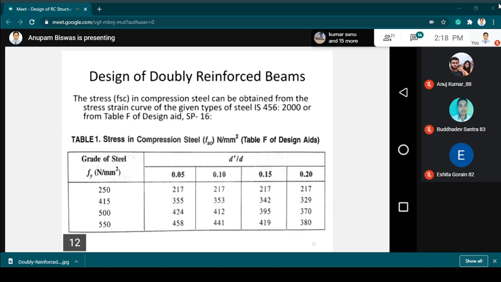And to find the intermediate value, we can interpolate.